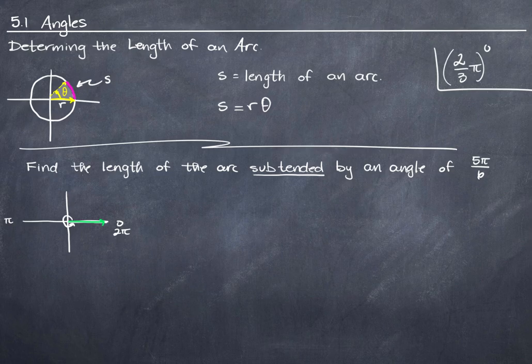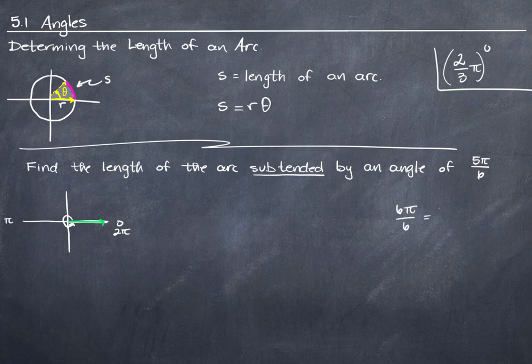All right, so I want to find the length of an arc subtended by an angle of 5 pi over 6. So what is 5 pi over 6? Here's how I think about this. If I want 5/6 of pi, then I try to figure out what 6/6 of pi is. Well, that's 6 pi over 6.